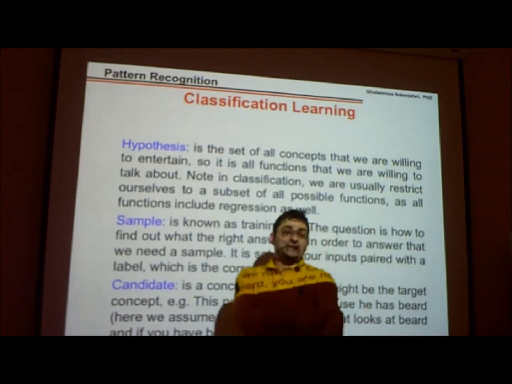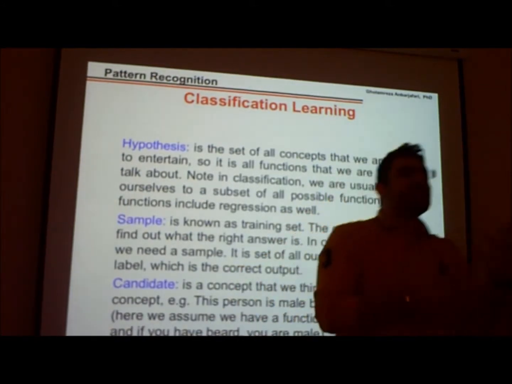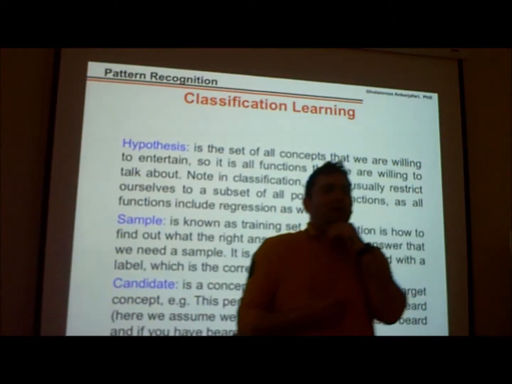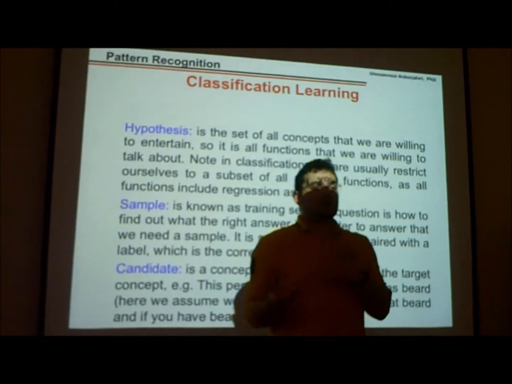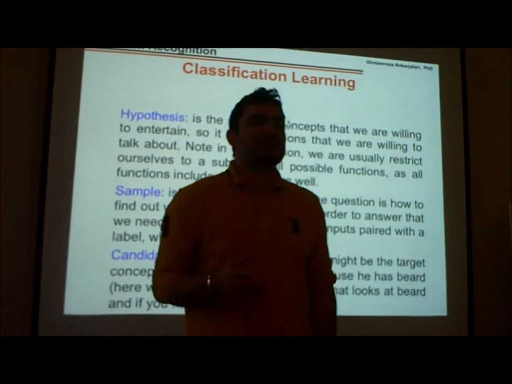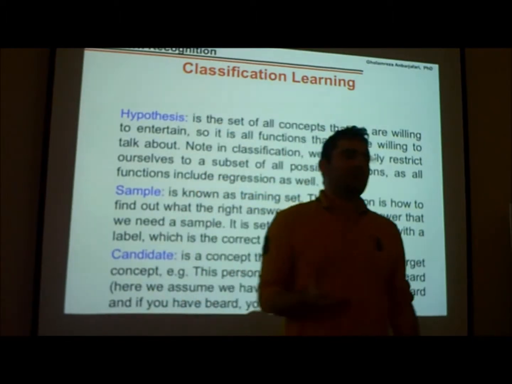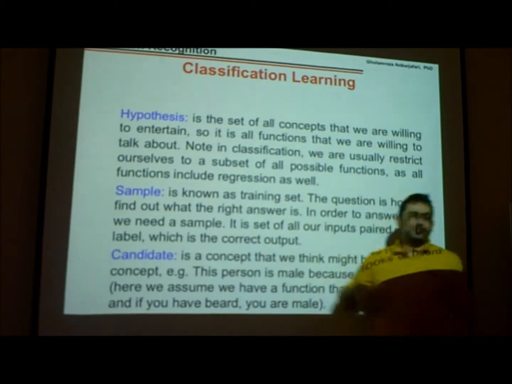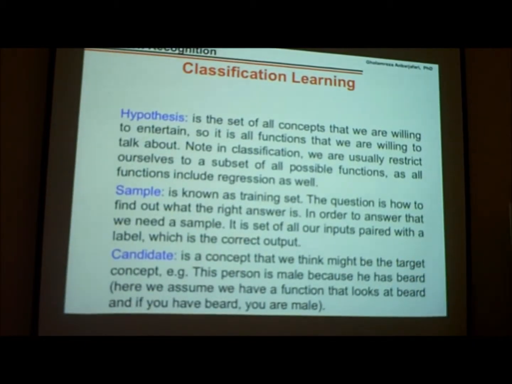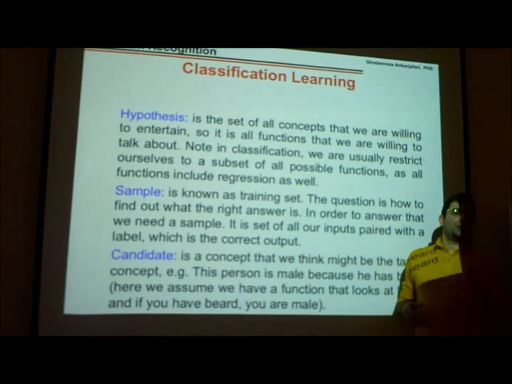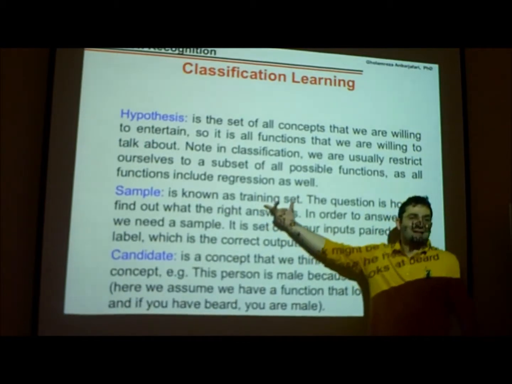Now, when we are dealing with machine learning and we have lots and lots of inputs, we sometimes find that testing and dealing with them is very time consuming, because if you assume you have 7 billion pieces of data, working on them is not very easy. So what we do is take some samples. So what are samples? A sample is something that you already used in your homework, and we call it the training set.